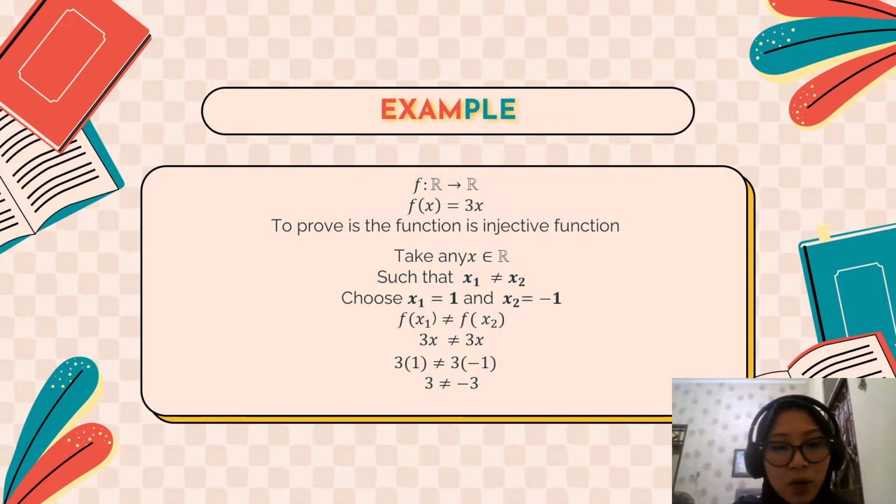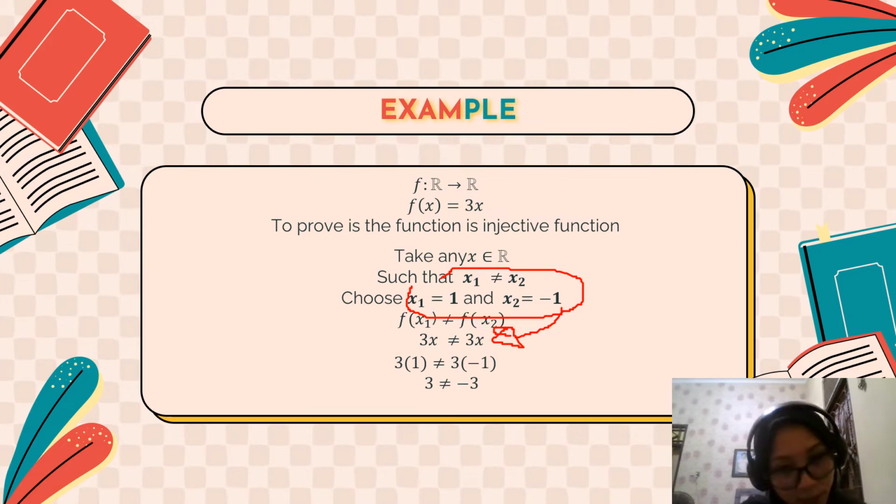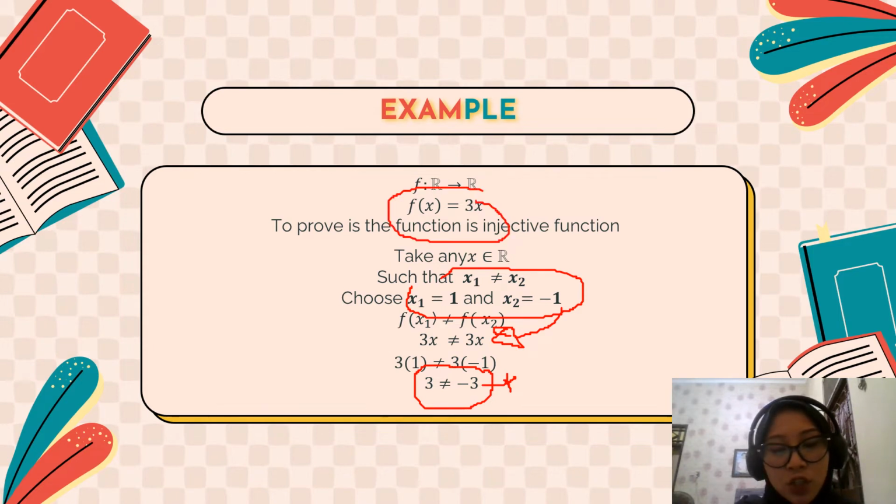So f(x1) not equal to f(x2), 3x1 not equal to 3x2. Then we substitute x1 and x2 into the function, and we get 3 not equal to minus 3. Because this is true, the function is proven. We can say that f(x) equals 3x is an injective function.